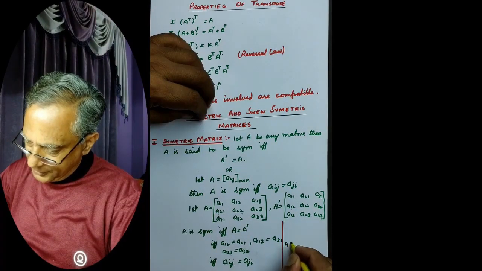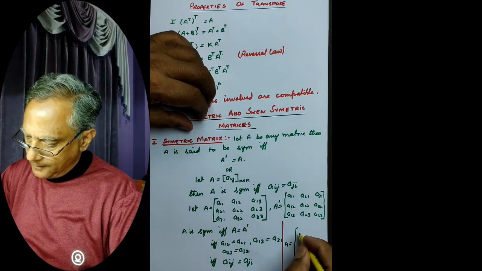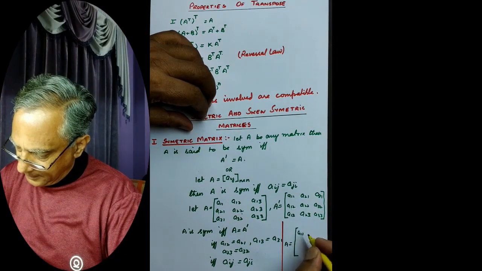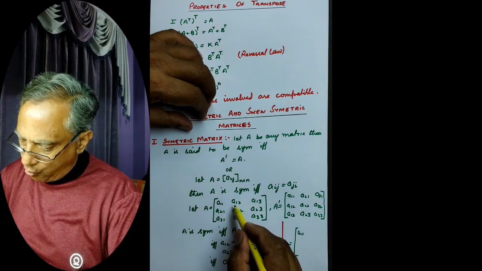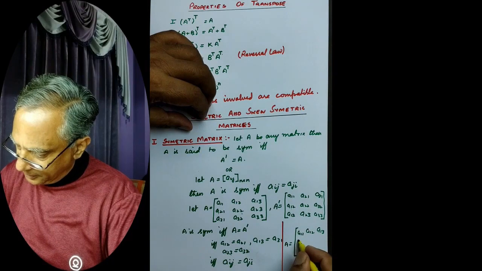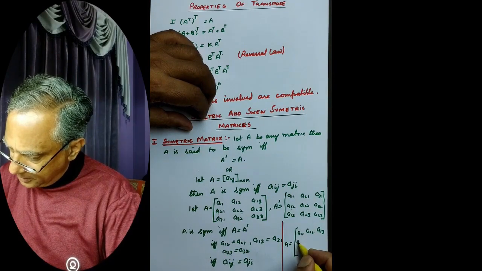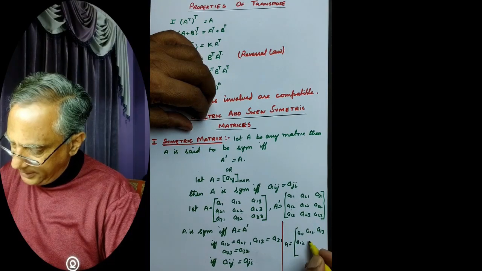So using these conditions we get A is equal to A11, A12, A13. Now A21 can be written as A12. So this will be A12.